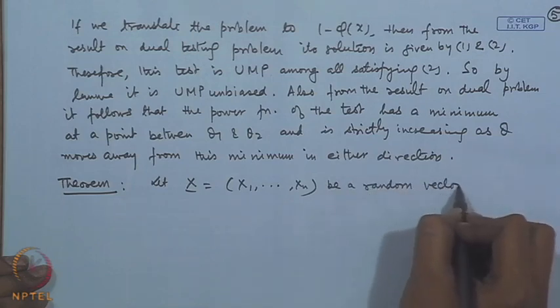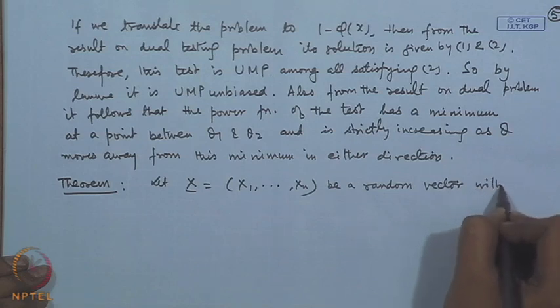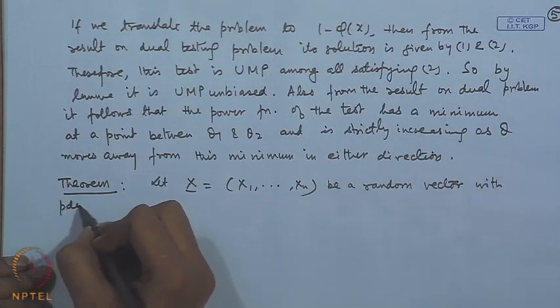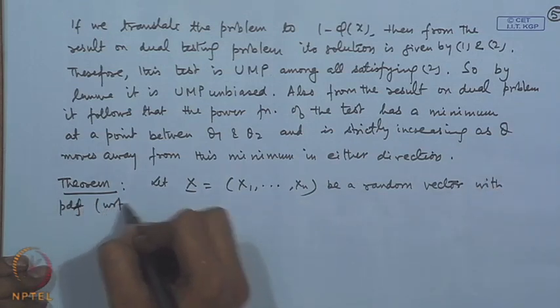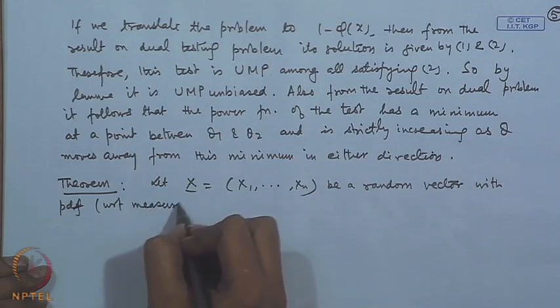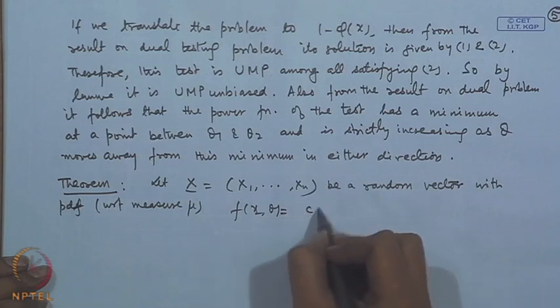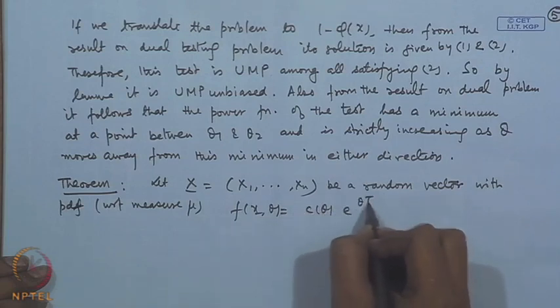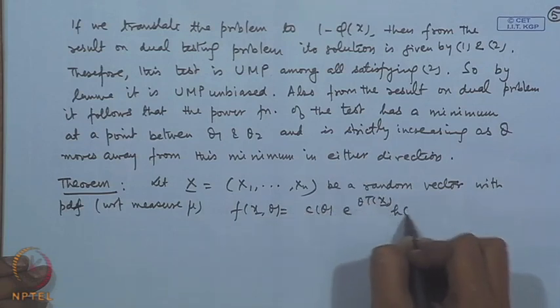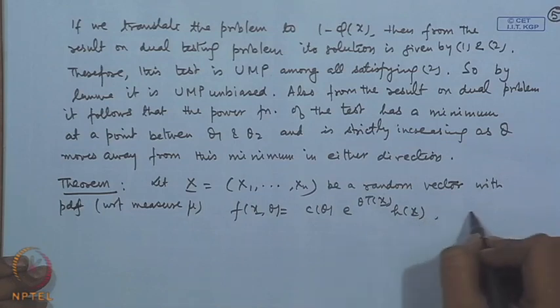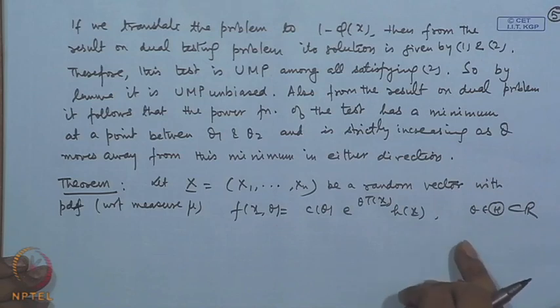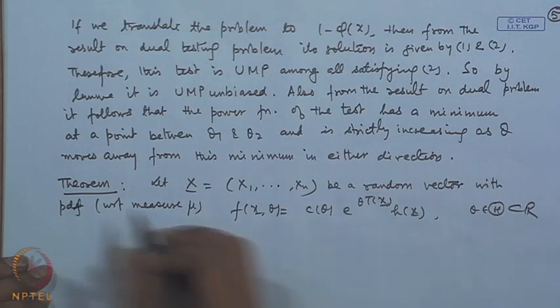Be a random vector with probability density function with respect to some measure mu, that is f x theta is equal to c theta e to the power theta t x h x, and theta is of course lying in a parameter space which is a subset of the real line.